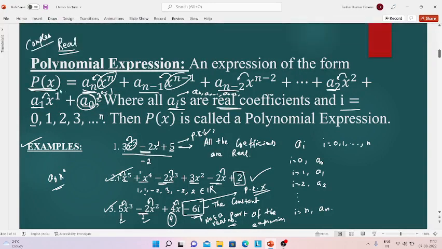It is not necessary that the polynomial expression will always be shown like p(x). It may be written as q(x), it may be written as capital A(x), it may be written as capital B(x), anything, right? It is the general denotation process, right?